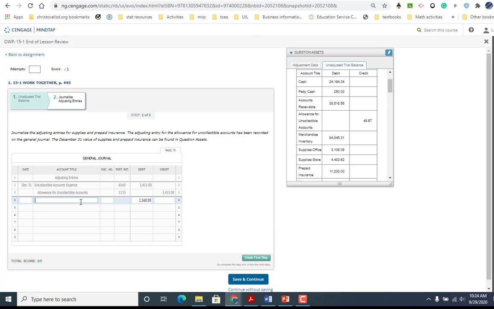And the way it's written in your journal, we've already started off with December, so we don't have to write December again. But you're going to write 31. And we are going to write in the expense account. So the expense account is supplies expense, and this is for our office.